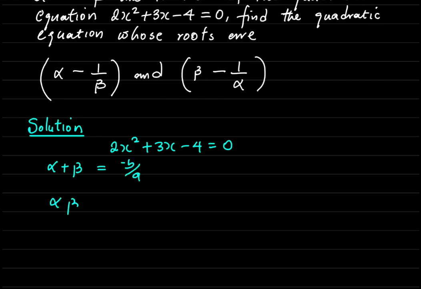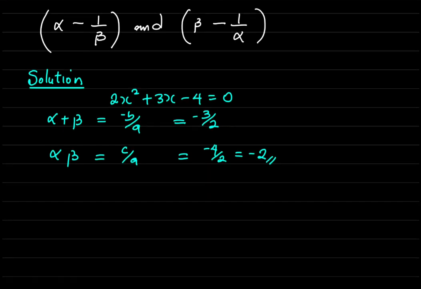Then alpha beta we said is c over a. This is going to be minus 3 over 2, and this is going to be minus 4 all over 2, and the answer is minus 2. So we have our alpha beta and alpha plus beta.